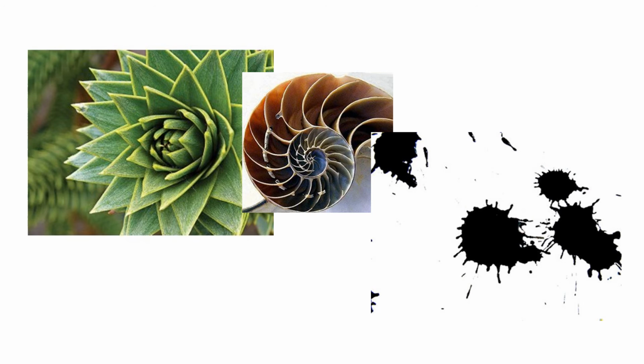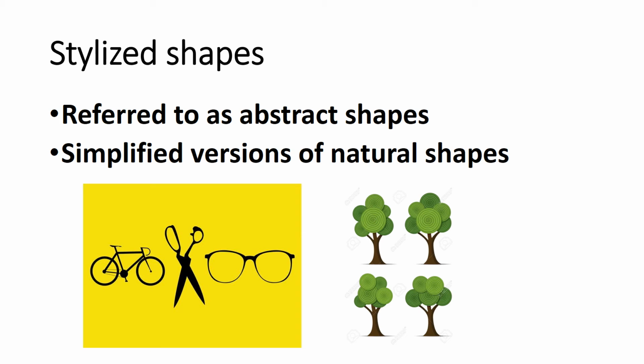And last, you have stylized shapes, which are referred to as abstract shapes, and they're simplified versions of natural shapes. So for example, we have the bicycle, the scissors, and the glasses, as well as the trees. This does not look like this in real life, okay?